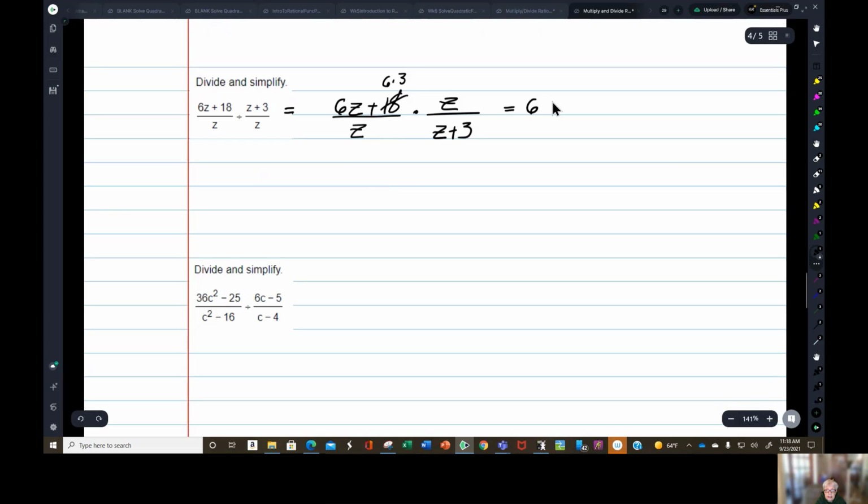So this is going to be 6 times z plus 3 over z times z over z plus 3. And now the z's cancel, the z plus 3's cancel, and all I'm left with is a 6.